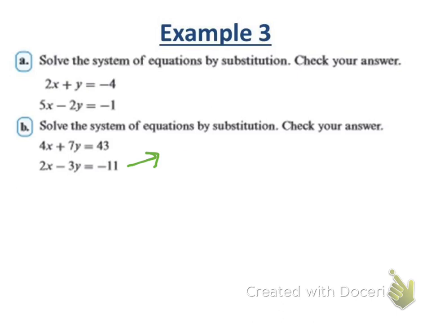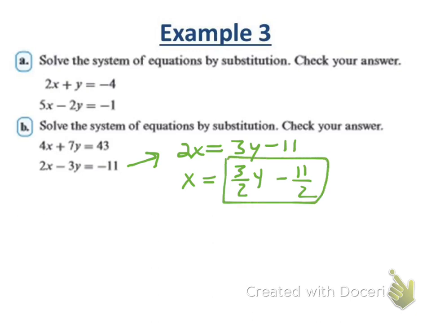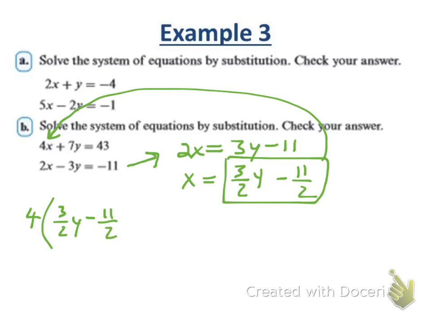If we solve this for x, we get 2x equals 3y minus 11, which means x equals 3 over 2 y minus 11 over 2. All right, that's what x is equal to. So I'm going to take that and substitute that value for x into the other equation in the place of x. So I will get 4 times 3 halves y minus 11 halves, plus 7y, equals 43.